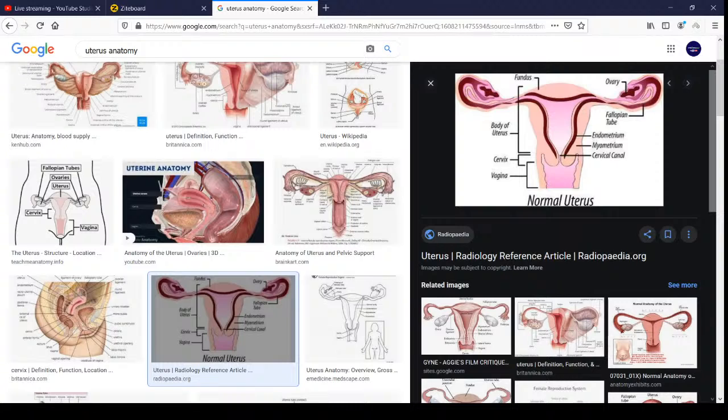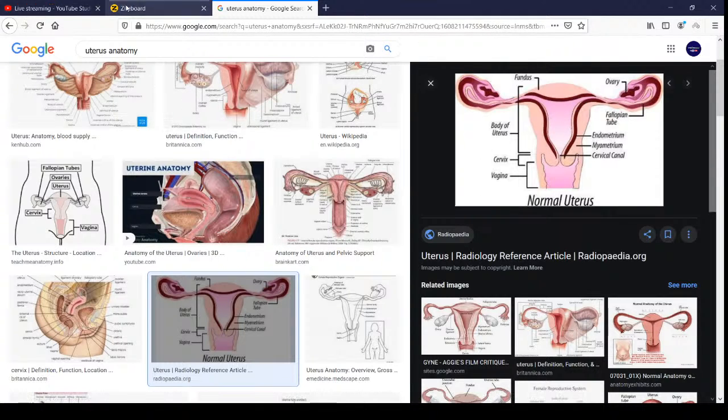So that is known as the uterine fundus, as you can see in the image. Then you have the body of the uterus, known as the uterine corpus. The body of the uterus is the tapering central portion. You can see it is tapering down.